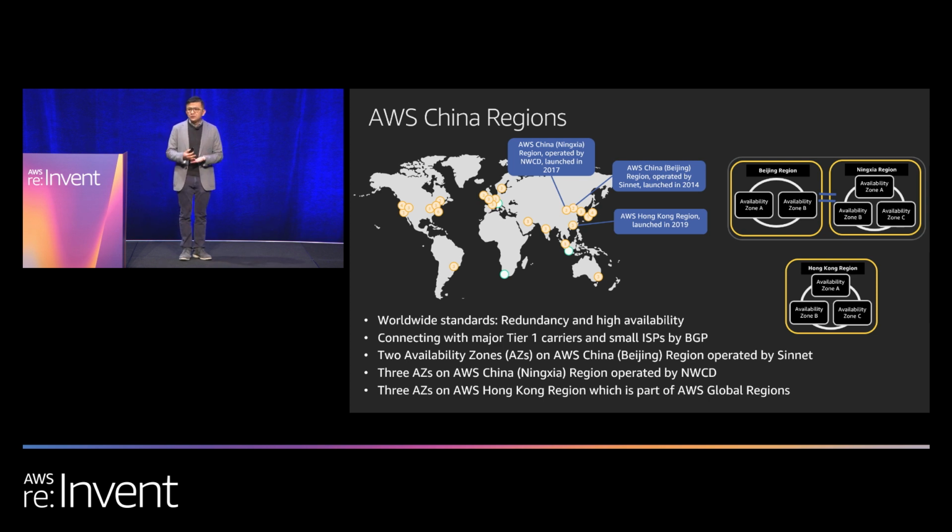But in case you need to make sure that your applications are closer to your end customers inside China, or that your applications store data resident inside mainland China to meet the cybersecurity law in China, you want to consider running the application in China regions.